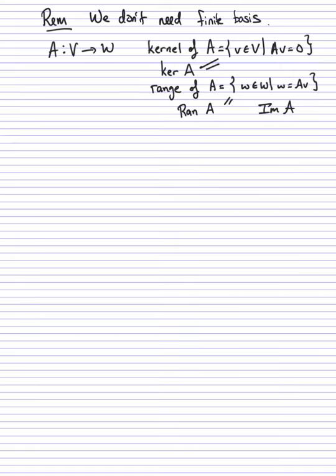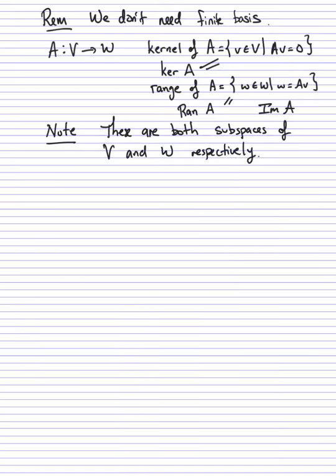All right, so let me just make a note here. These are both vector subspaces, subspaces of V and W respectively. So the picture here is that we have V, and A maps it over into W. Let's just say it's going from R3 to R2.